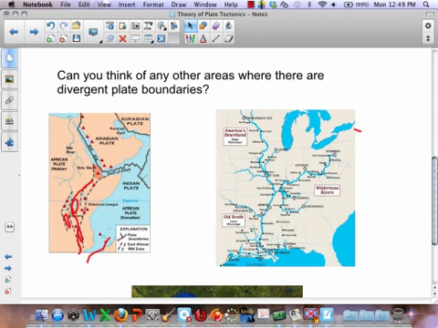Now, another example of divergent plate boundaries. It's really easy to see divergent boundaries when they're on land, because typically you're going to see a long chain of lakes.